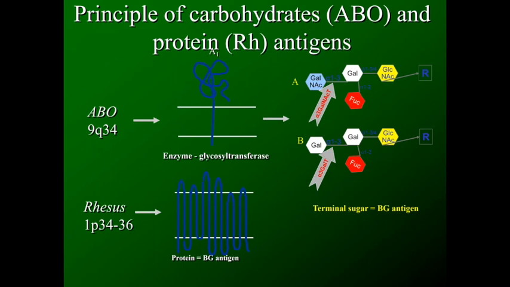The difference between these two groups is in the expression of genetic information. In the first group, the carbohydrate groups, the genetic information codes for the enzyme glycosyltransferase, and the antigen is the product of this enzyme, which transfers the sugar to the terminal position of the saccharide chain.